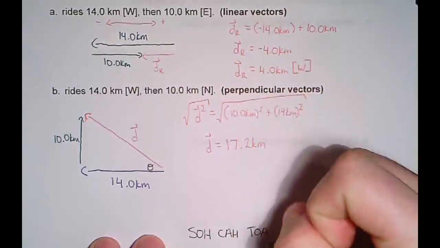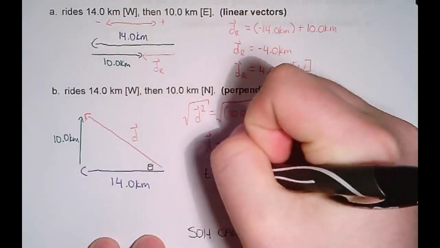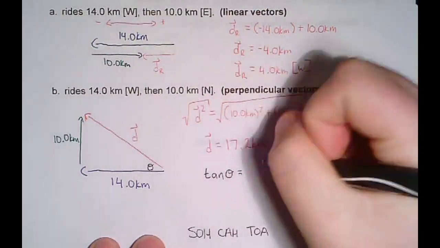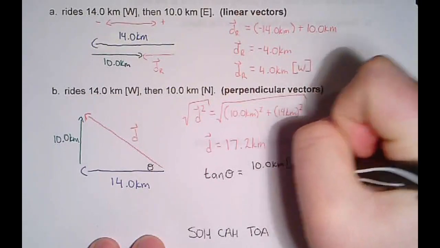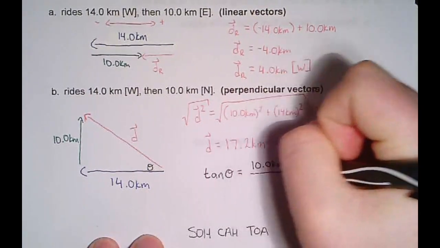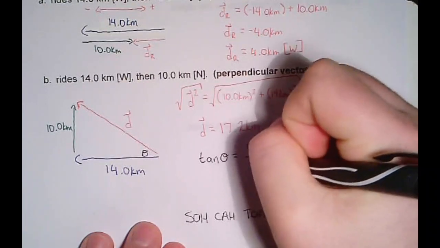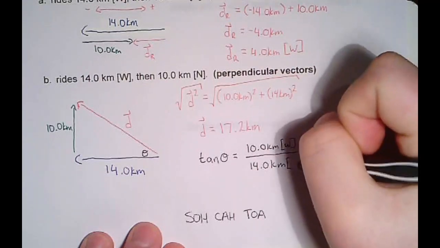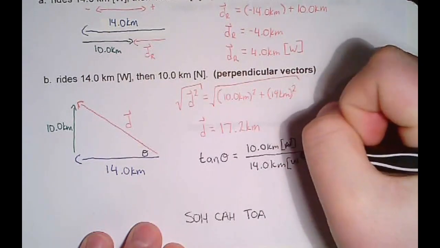So if we're using opposite over adjacent, that means we're using tangent. So the tangent of the angle is equal to the opposite, 10 kilometers north, over the adjacent, 14.0 kilometers west.